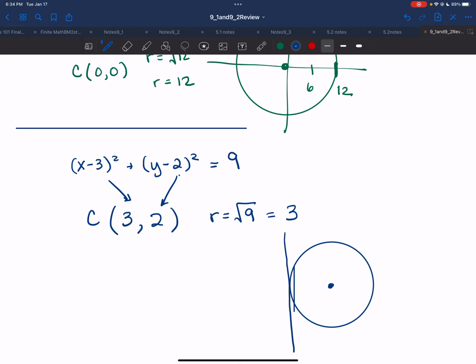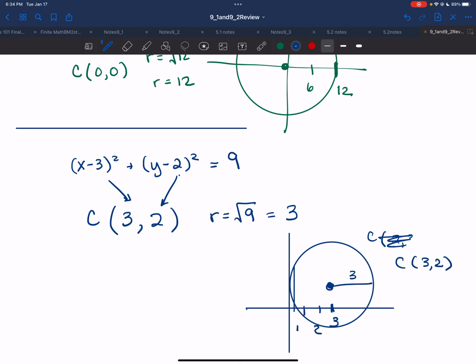My axis is right there. And then let's say my axis is like there. Okay. So this would be a radius of 3. And that point right there would have my center at 3, 2. So that's how you deal with shifts.